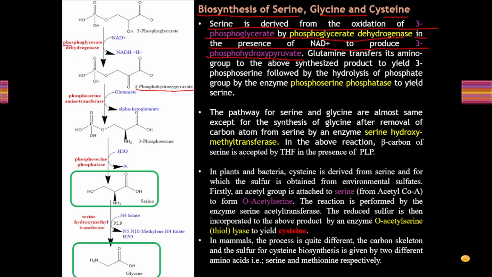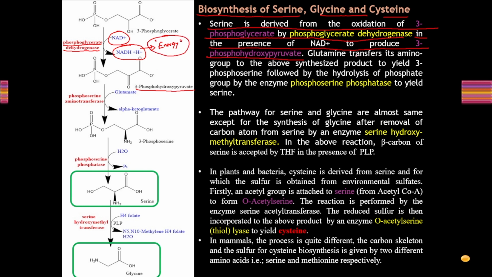The enzyme that catalyzes this reaction is called phosphoglycerate dehydrogenase, and one molecule of NAD plus is converted into NADH, which means it is actually going to produce some amount of energy. So instead of consuming energy, it is going to produce energy.